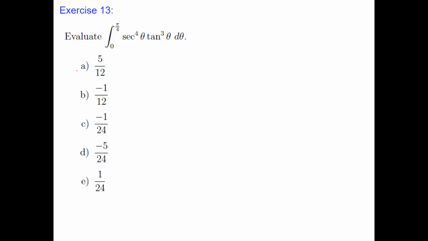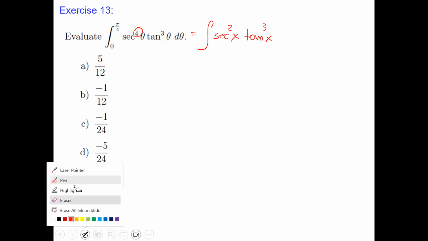What I will do, which one will be easier? If I decide that u is tangent, then I need secant square. Yeah, maybe let's do this one because that's the higher power, but either way, that means I will keep secant square of x, tangent cube. Oh, actually it's theta.